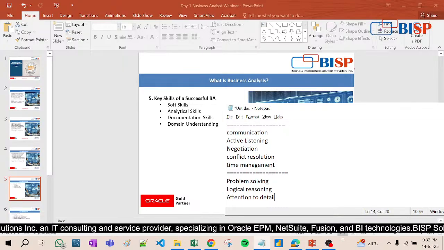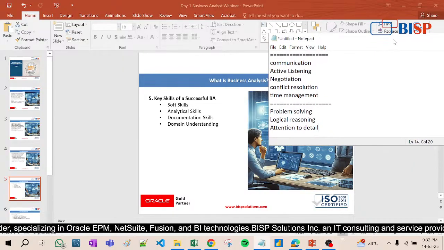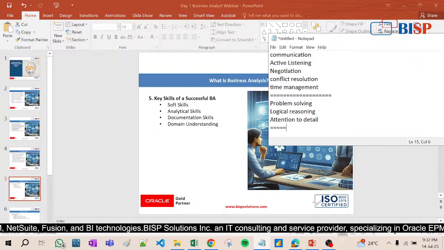You have to show the details of what you are offering them, or what you are going to do in that project. So attention to detail is another point which comes under the analytical skills. Okay, so this was all about the analytical skills, and these analytical skills are also required in a business analyst post.